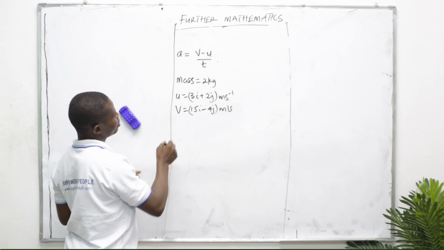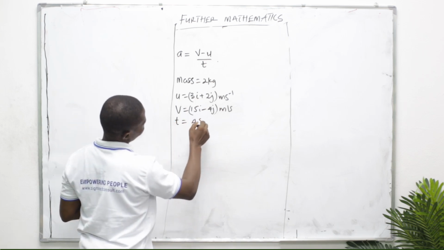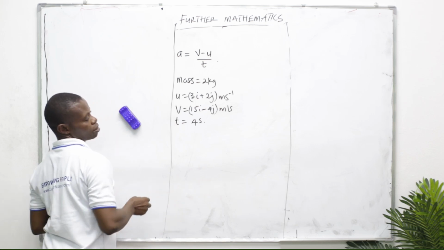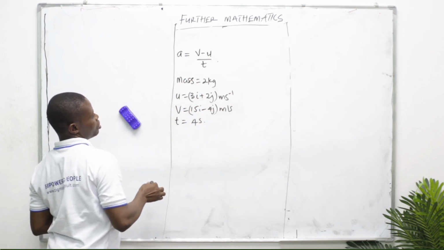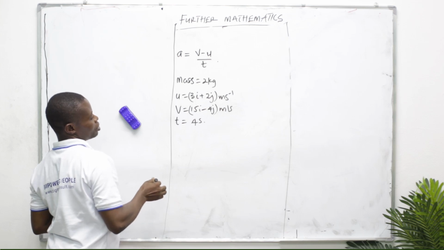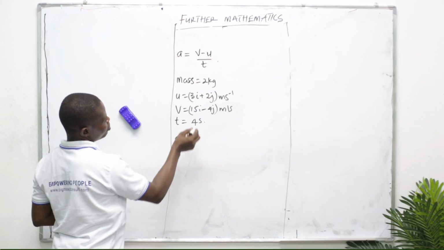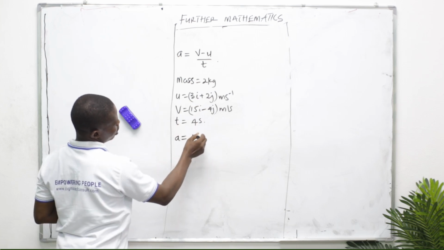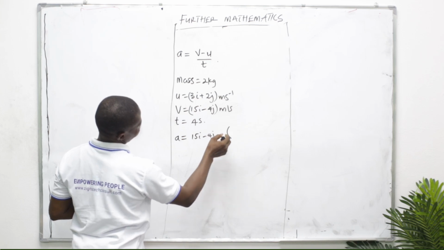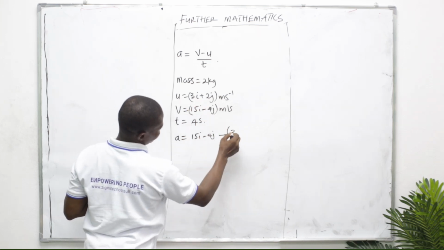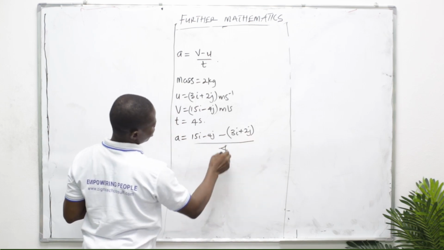We also have t equals 4 seconds. Now all the parameters we need to solve for acceleration are here. Acceleration equals v, which is 15i minus 4j, minus the initial velocity 3i plus 2j, divided by the time taken.